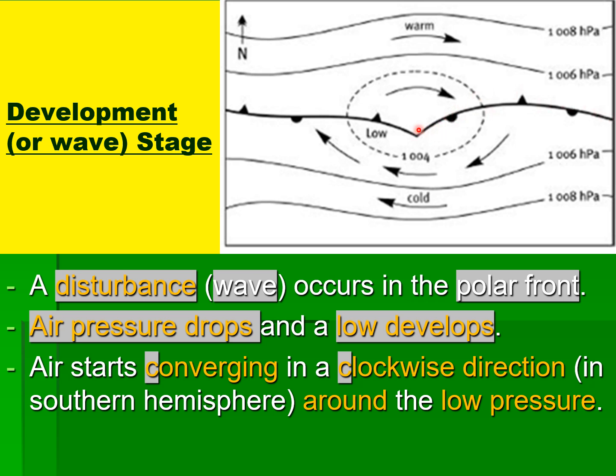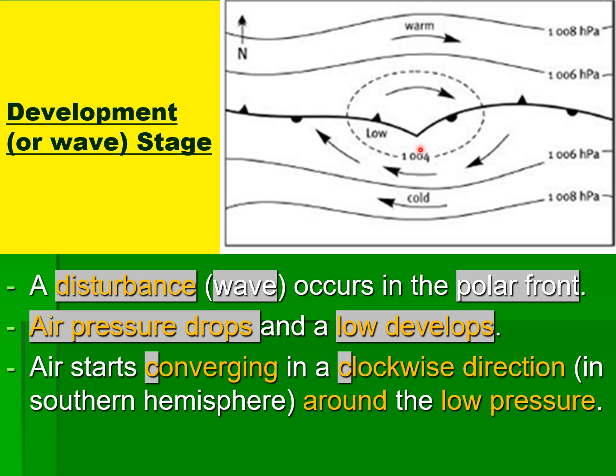During the development stage, the air pressure along the polar front begins to drop even further, and we have the development of a low pressure cell. At this point, it is important to start paying attention to the fact that the characteristics that are associated with a low pressure cell begin to set themselves in motion.